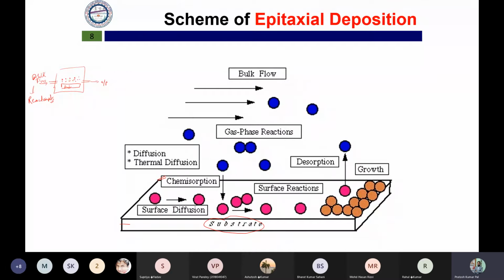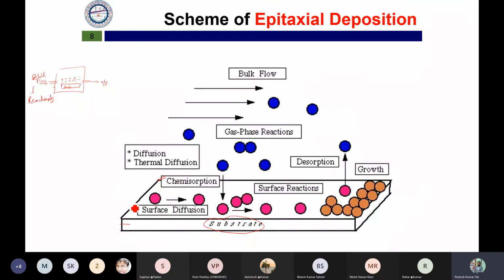Next we will see what different techniques are used to grow or deposit a layer of epitaxial material onto a substrate. So this is the basic idea.